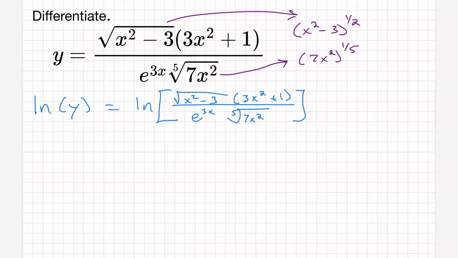It seems like it's a lot, well, hey, since it's just multiplication and division, except for the composite side of things, the things inside of it, I can break this down to say that the natural log of y equals 1/2 the natural log of x squared minus 3 plus the natural log of 3x squared plus 1 minus 3x minus 1/5 the natural log of 7x squared.